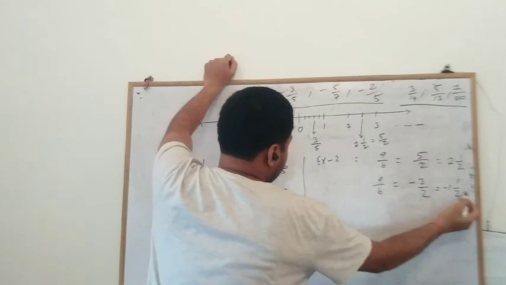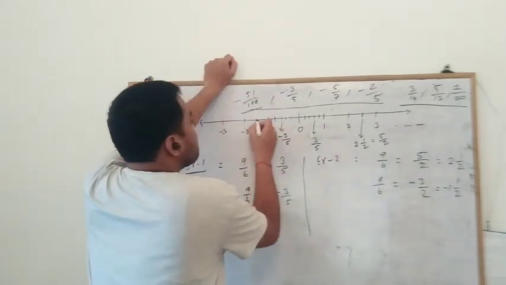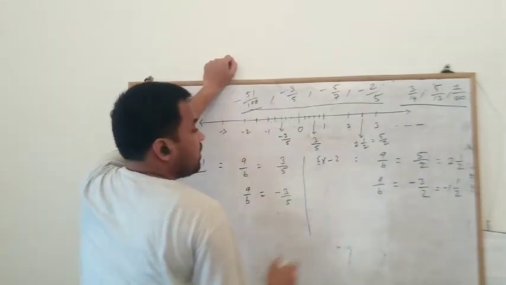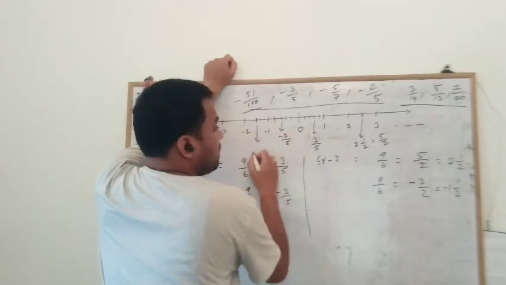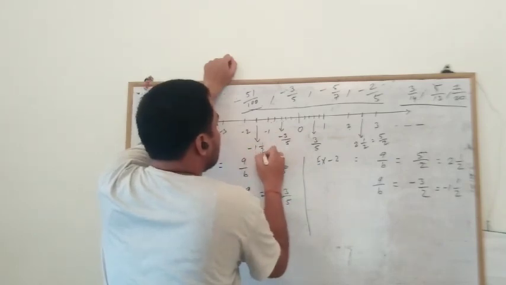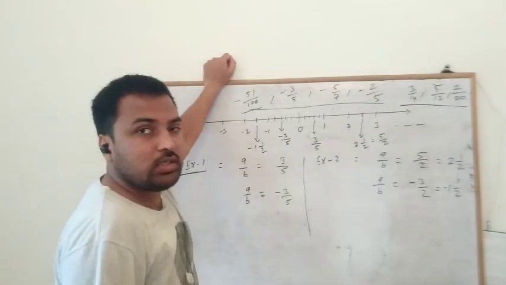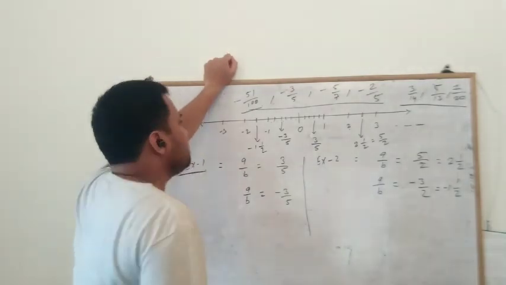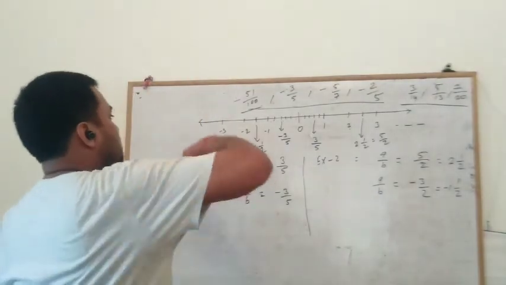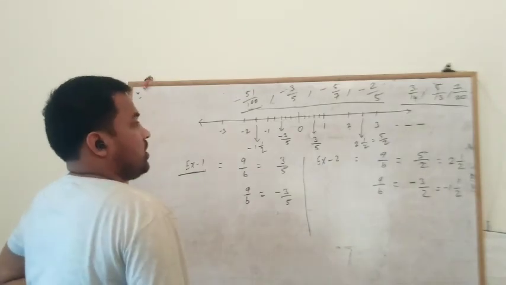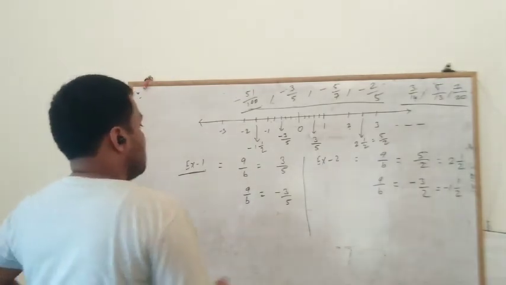The denominator is 2, so minus 1 and minus 2 is divided into 2 equal halves, and we write minus 1 whole 1 by 2. Right? So in this way we represent rational numbers on a number line.